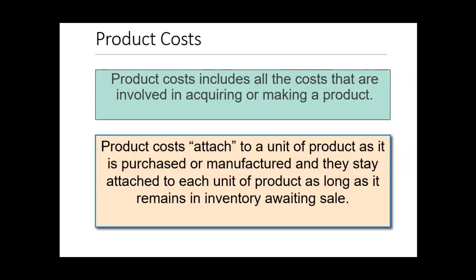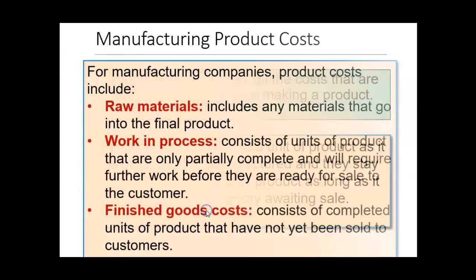So when it comes to product costs, we're thinking about all the costs included to either acquire, purchase, or manufacture a product. Okay? Based upon what we learned so far, what items are considered part of your product cost? I'm waiting. If you said direct material, direct labor, and manufacturing overhead, then you are correct.